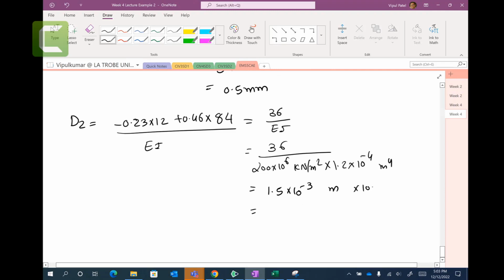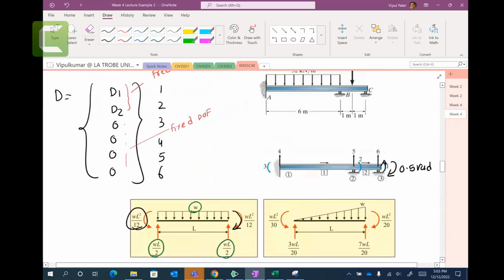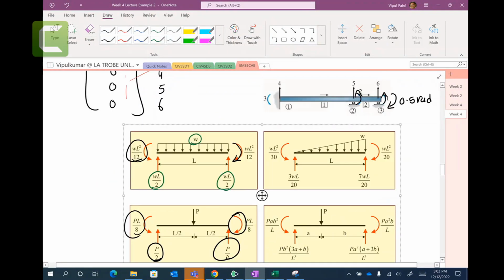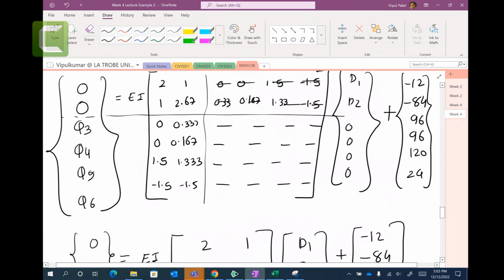If you multiply by thousand, you get 1.5 millimeters. So what is this 2? You can look at the figure. That is the rotation, and it's positive because it gives you the same direction. Now we can calculate all these Q3, Q4, Q5, Q6.